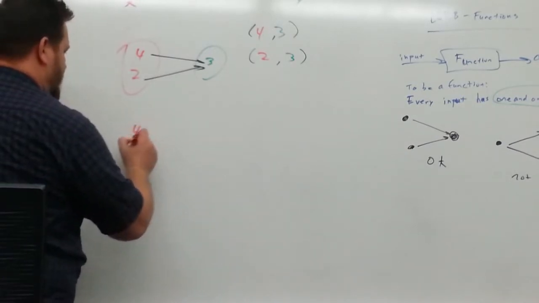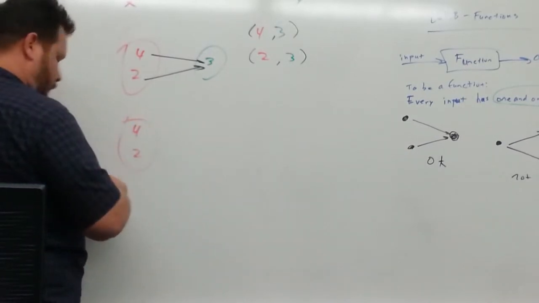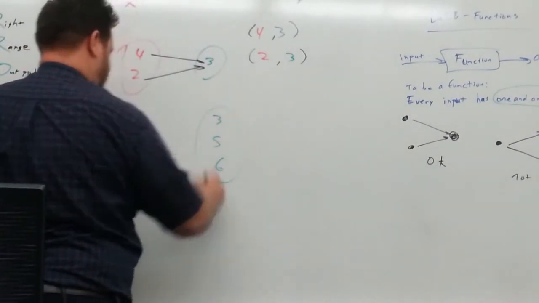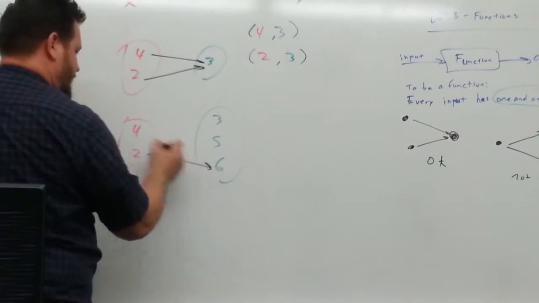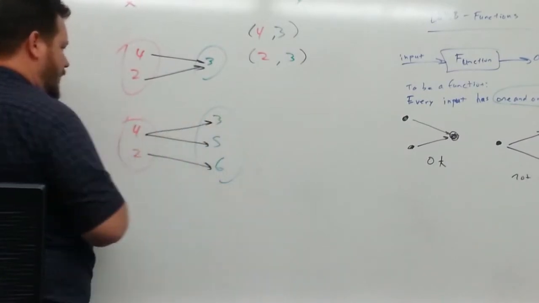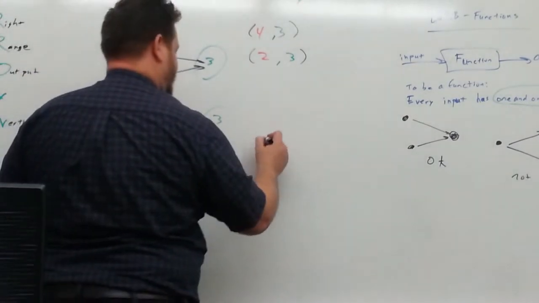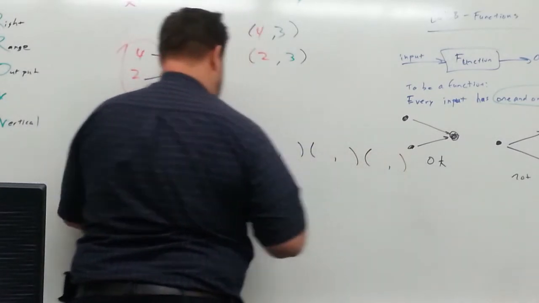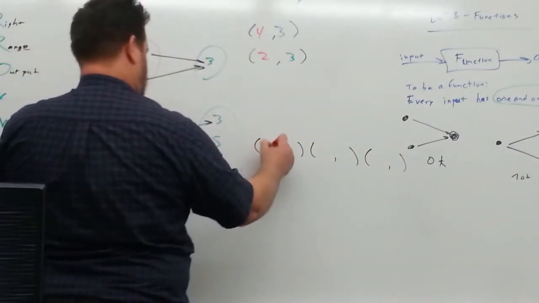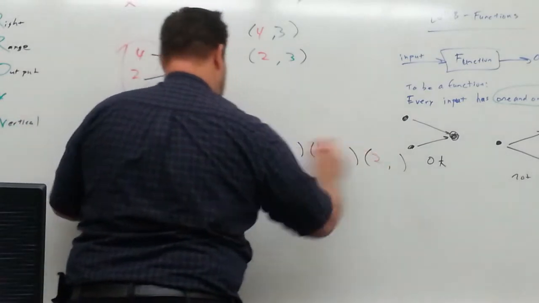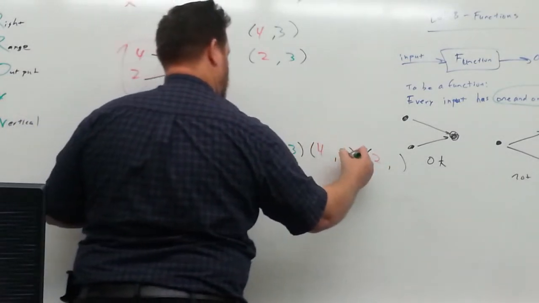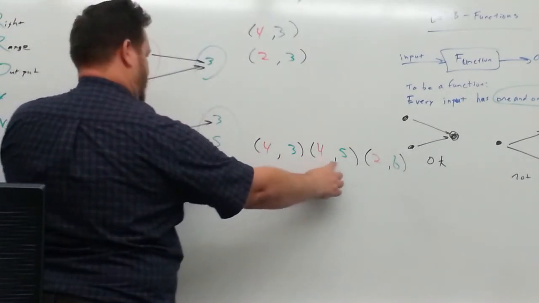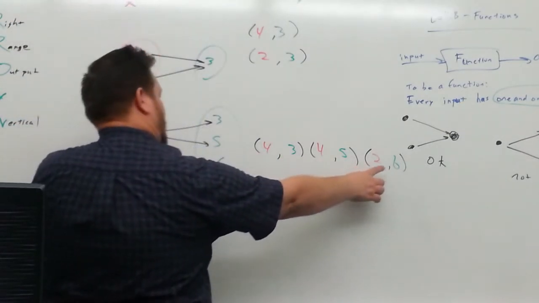One of the other examples that we did, 3, 5, 6, that had this and this and this, if I were to write this as ordered pairs, this one had plugging in a 4 and getting a 3, plugging in a 4 and getting a 5, plugging in a 2 and getting a 6.